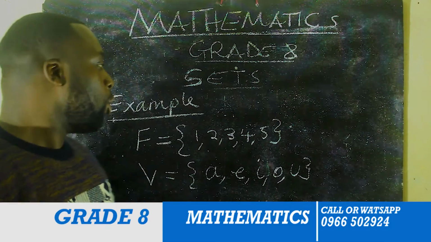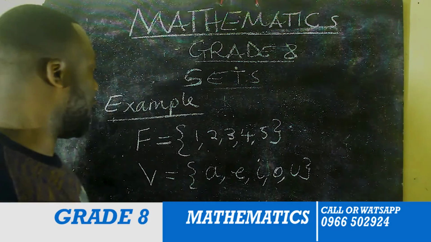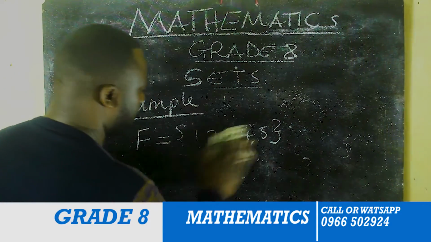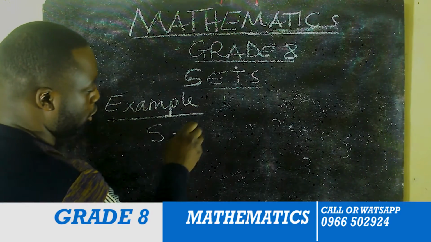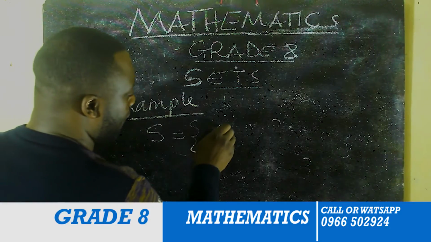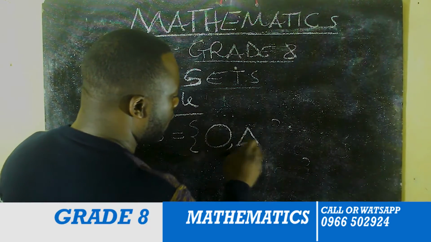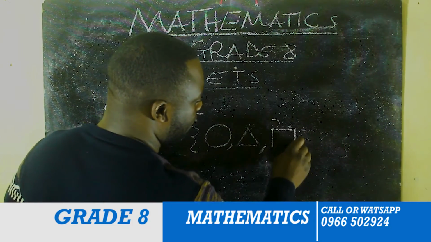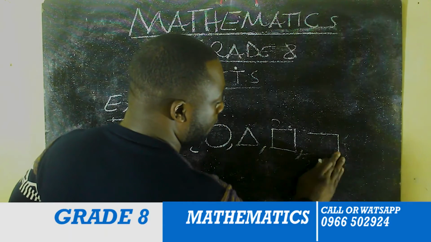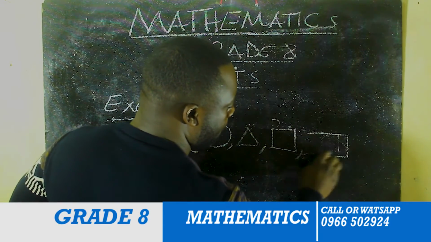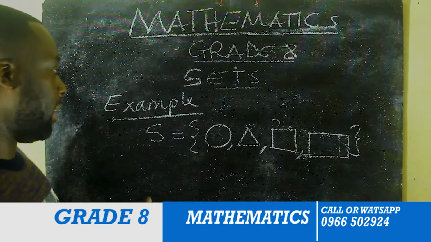We can also represent a set of shapes. So we can say S = {circle, triangle, square, rectangle}.